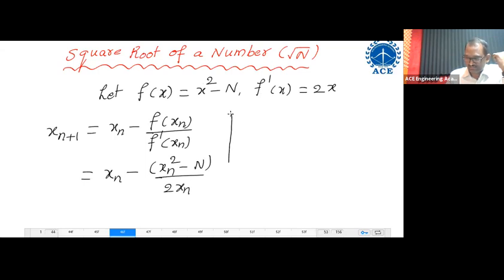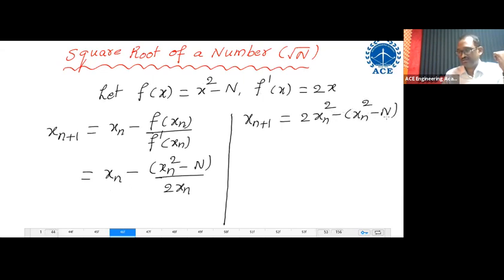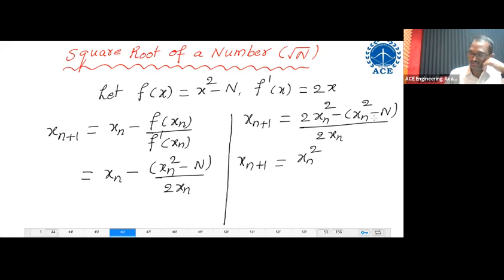So take LCM. Xn into 2xn, 2xn square minus of xn square minus n, by 2xn. So 2xn square minus xn square, that is xn square, minus into minus is plus, by 2xn.